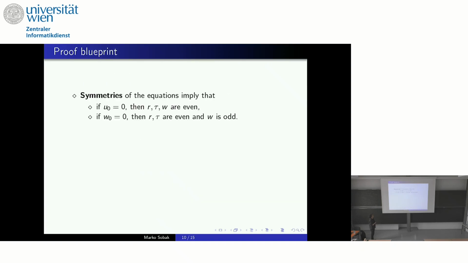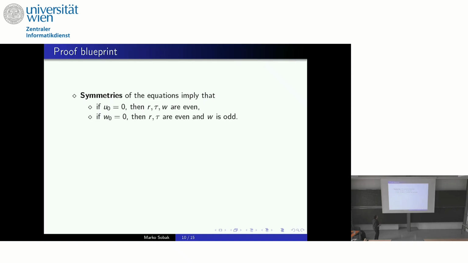As I mentioned before, we have this reflection symmetry of the equations, and we are looking for the symmetric solutions anyway. You can notice that if you assume that u0, which is the derivative of w at 0, is 0, then all three functions are even. Whereas if w0 is 0, then r and tau are still even, but w becomes an odd function.